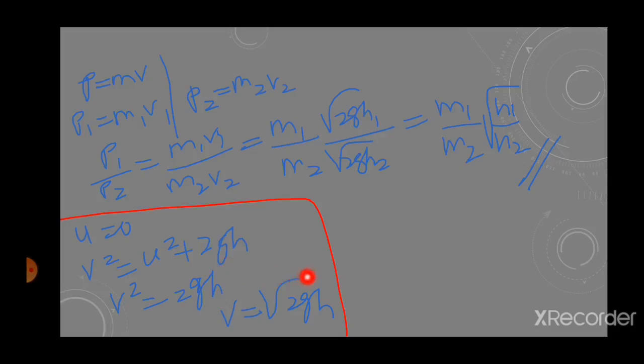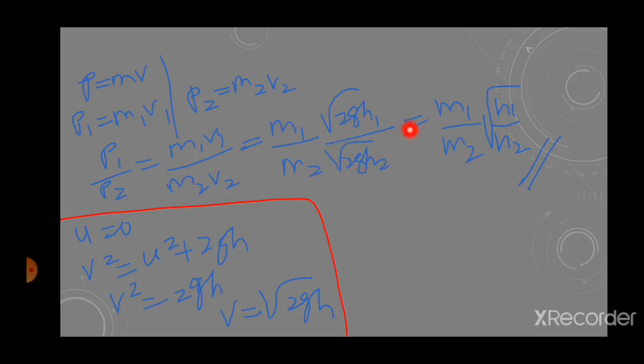So student, the velocity on reaching the ground is v equal to square root of 2gh. Now substitute in the ratio of momenta: p1 divided by p2 is equal to m1 into v1, where v1 is the square root of 2gh1, divided by m2 into v2, where v2 is the square root of 2gh2.